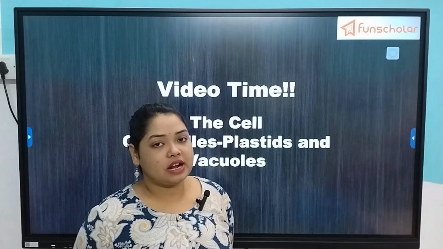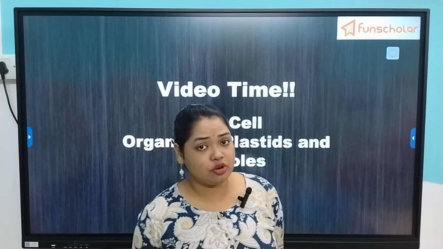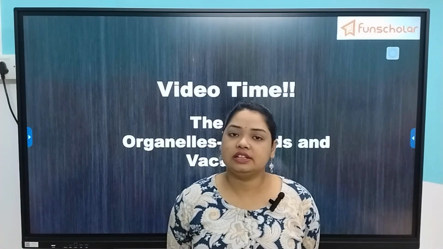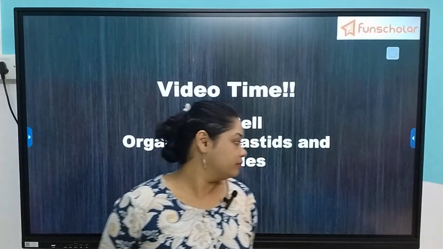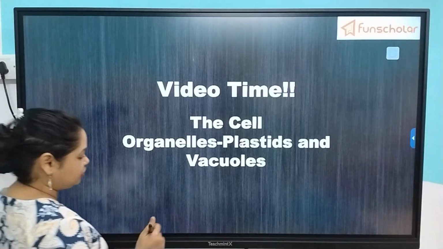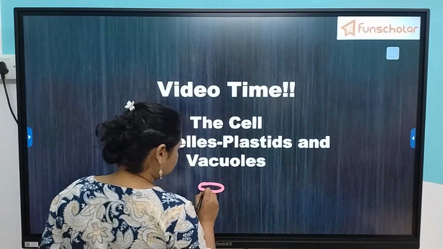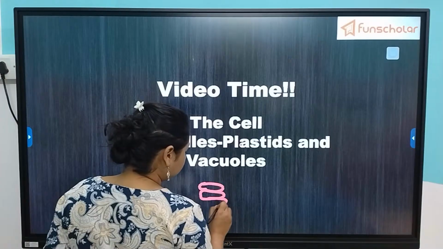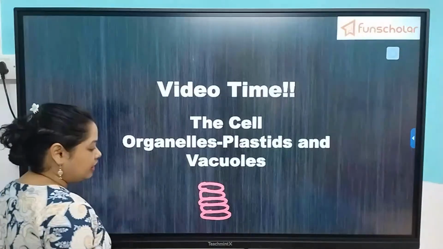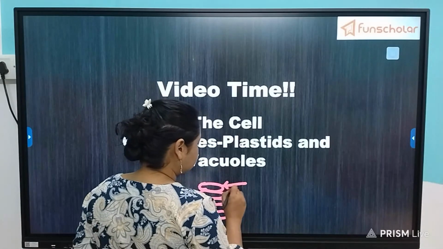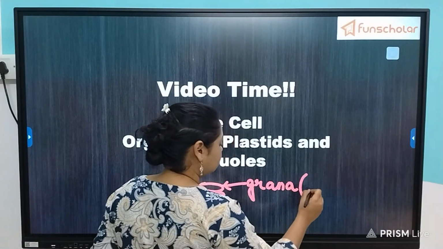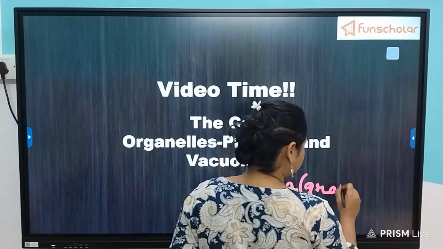So these are the types of plastids, and I have already mentioned they are semi-autonomous, just like mitochondria. They are also double membraned in their structure, and within the plastid, if you look into the structure, the disc-like structures which are stacked one above the other, they are known as grana, plural, or granum, singular, right?